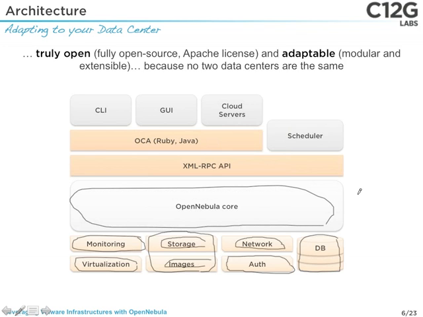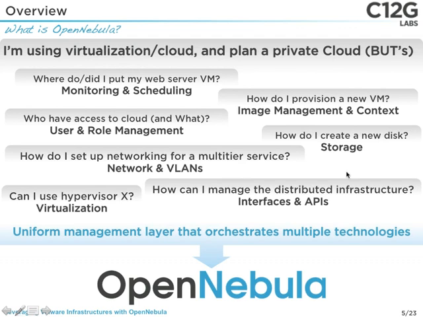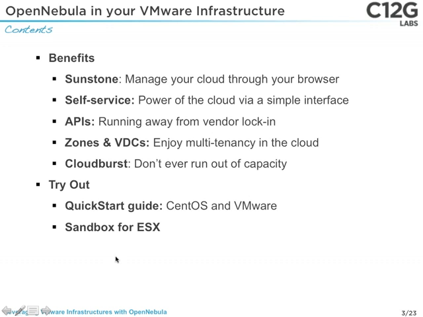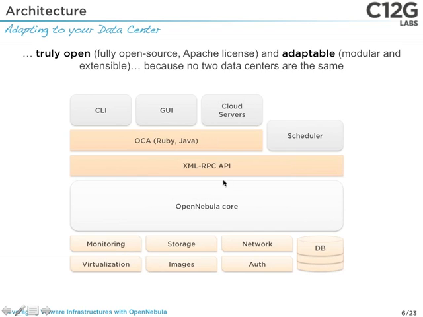On top of this OpenNebula core, we also find different layers. For instance, all the upper layers communicate with the OpenNebula core with an XML-RPC API.